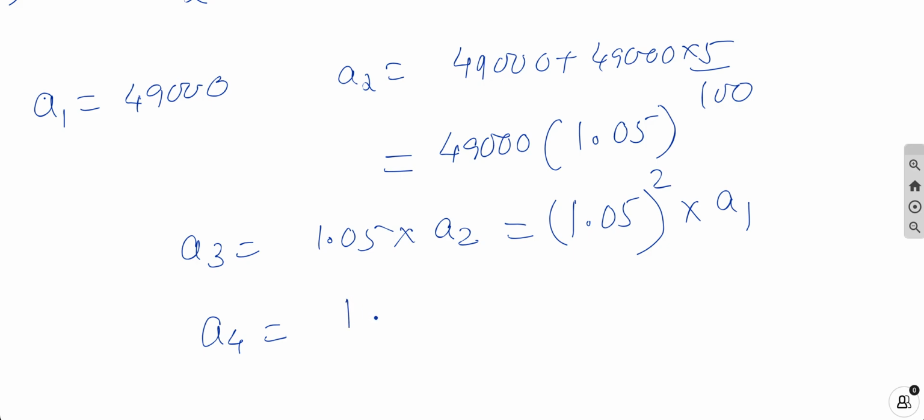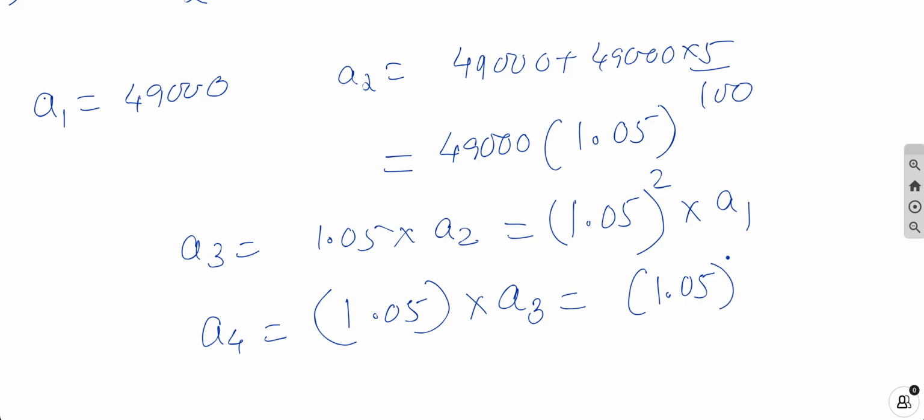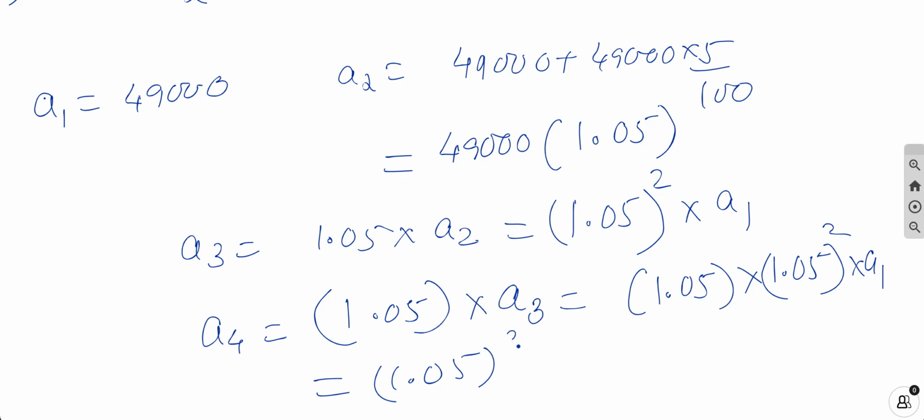What will happen in the fourth year? At the beginning of the 4th year, it is 1.05 times A3, which means 1.05 times 1.05 squared of A1. So it's 1.05 raised to 3 of A1.